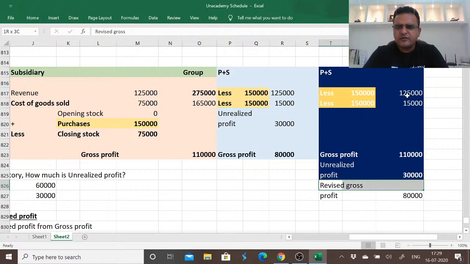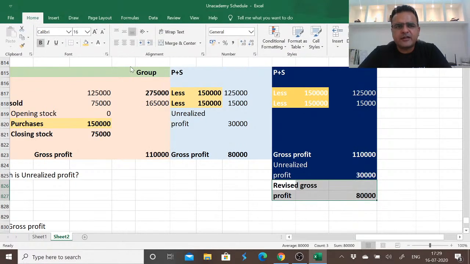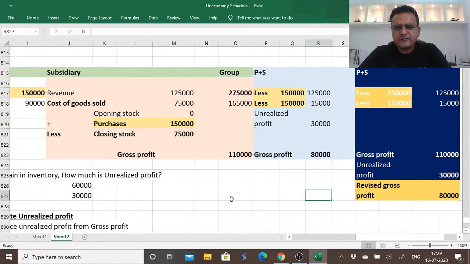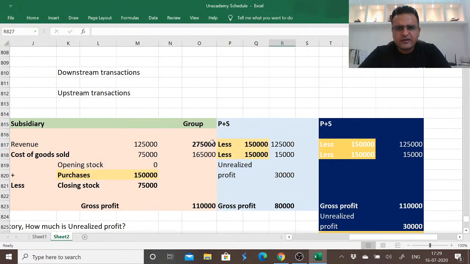So whichever method we use, it doesn't matter. Whichever method we use, we have to use only one of them. Either reduce it directly from the gross profit, or increase the cost of sales. So in one example, we increased the cost of sales.